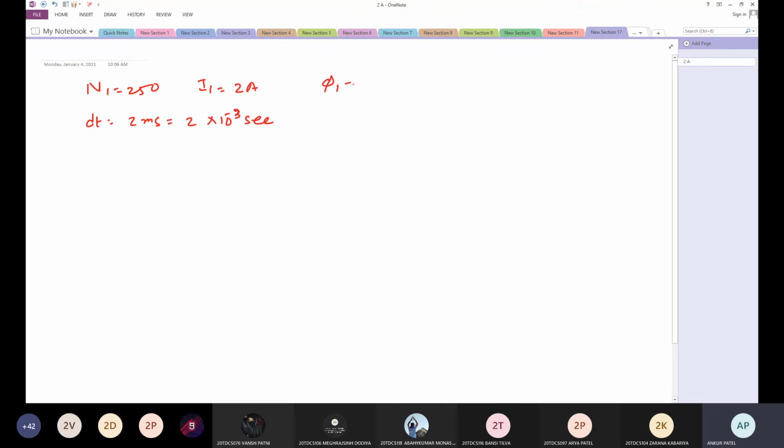Phi 1 is given 0.3 milliweber, or 0.3 into 10 raised to minus 3 Weber. EM2 is given 63.75 volt, and K is equal to 0.85.